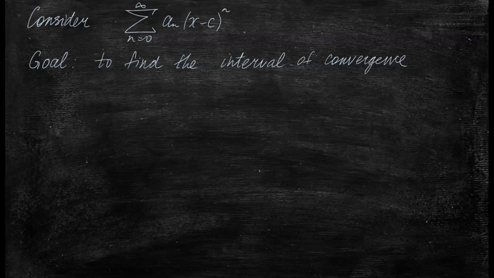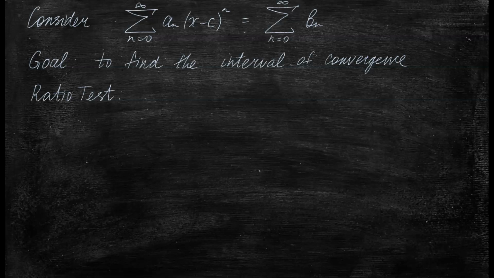Now, we're going to use the ratio test, but remember, the ratio test works for regular series, and in order for us to use the ratio test, we're going to imagine that we have a regular series here, because that's what the power series becomes when x is replaced with some number.